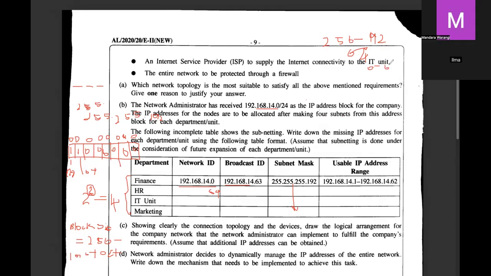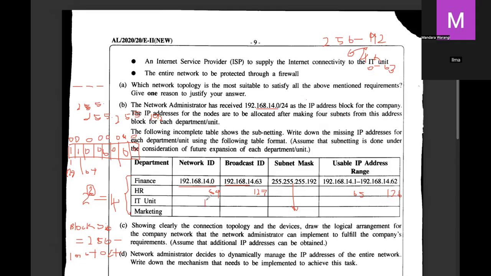So 0 to 63 makes 64 addresses. From 64 to 127, the usable range is from 65 to 126.